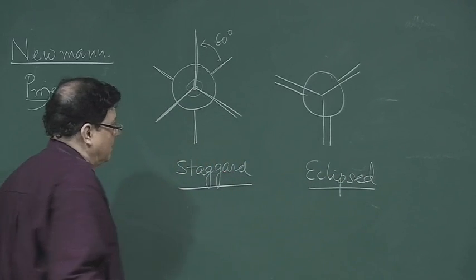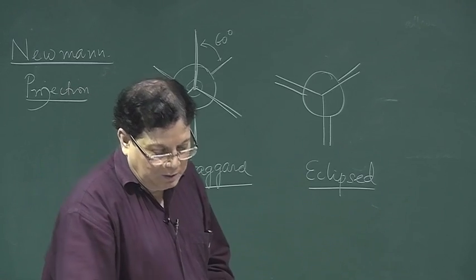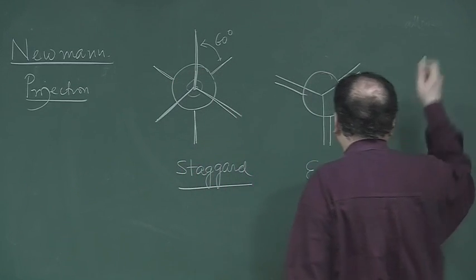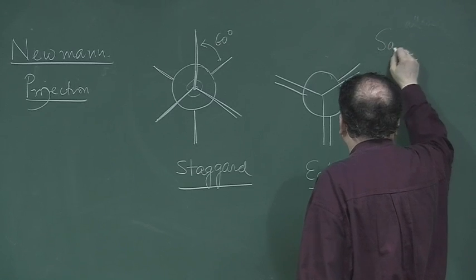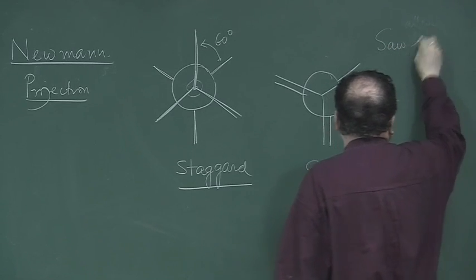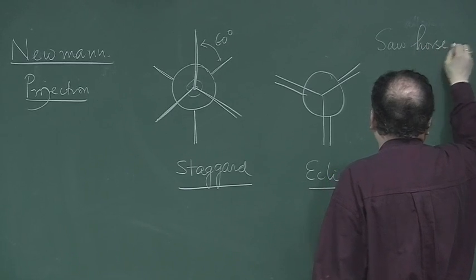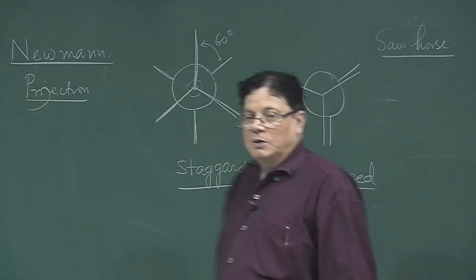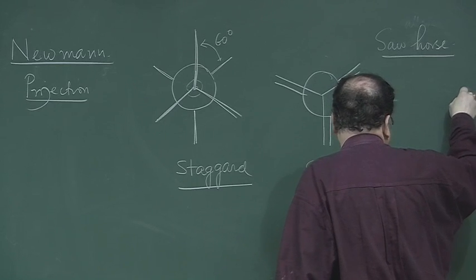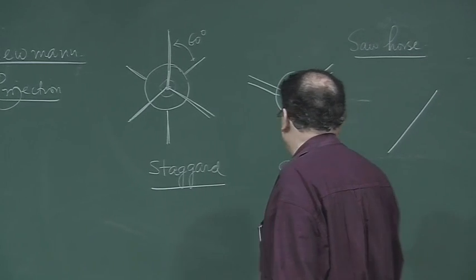These 2. Okay. Now, there is a third one which is called Sawhorse projection formula. So, what you do here, the carbon carbon bond is drawn in an angular version.